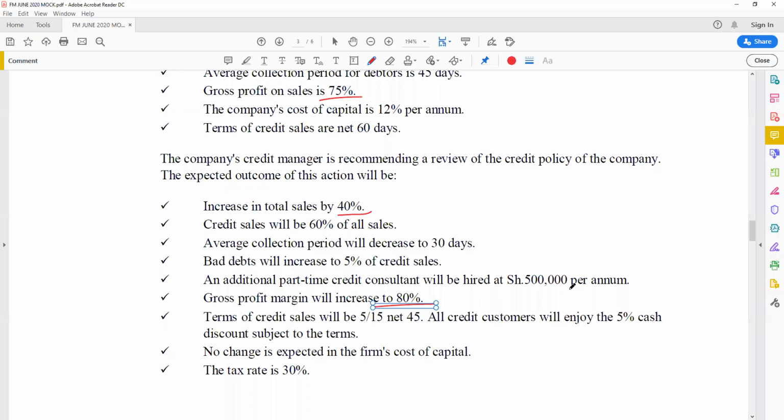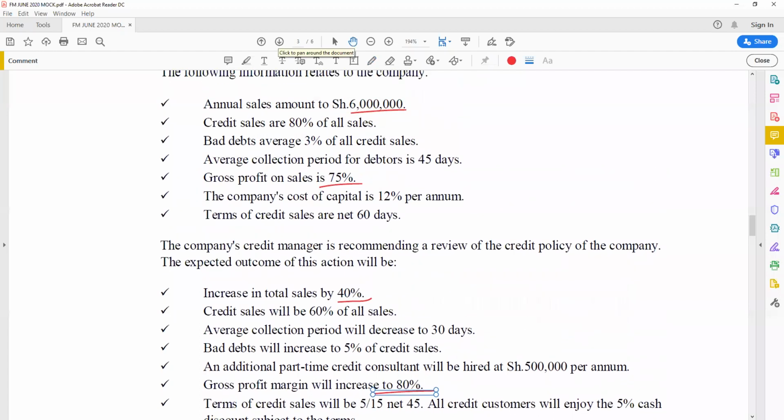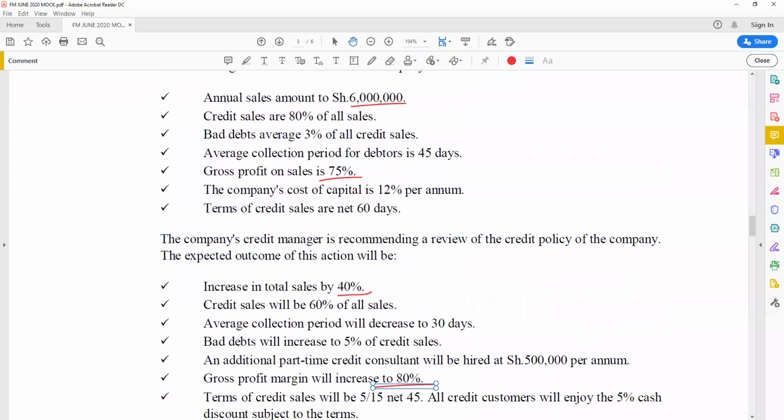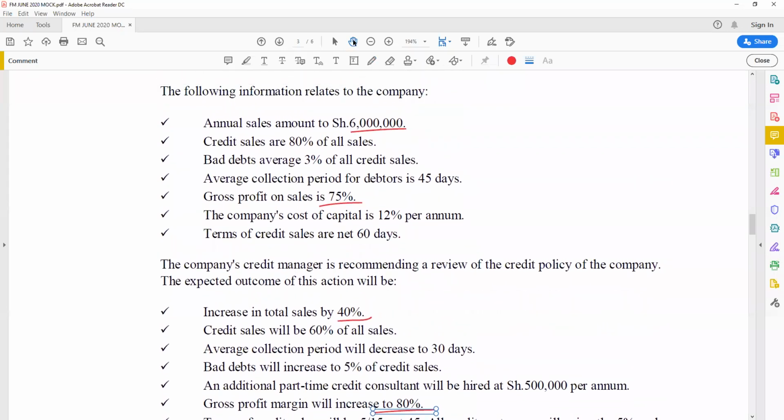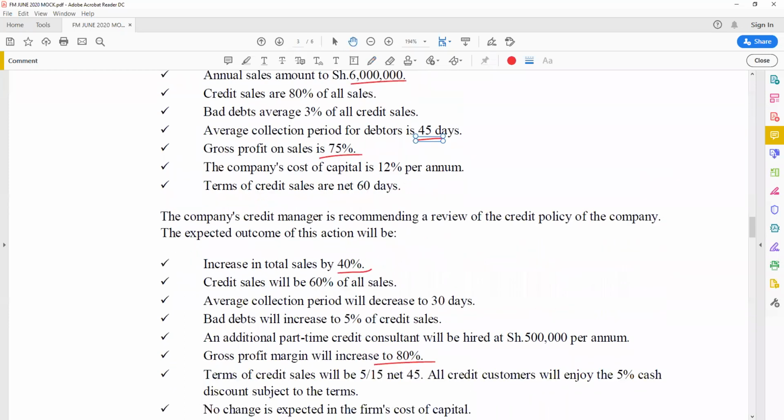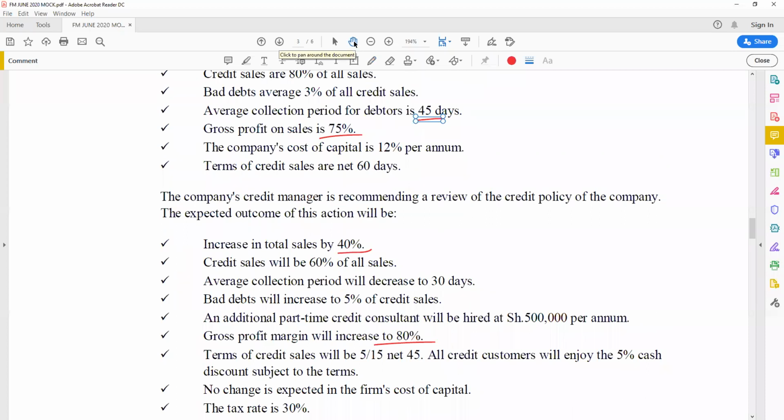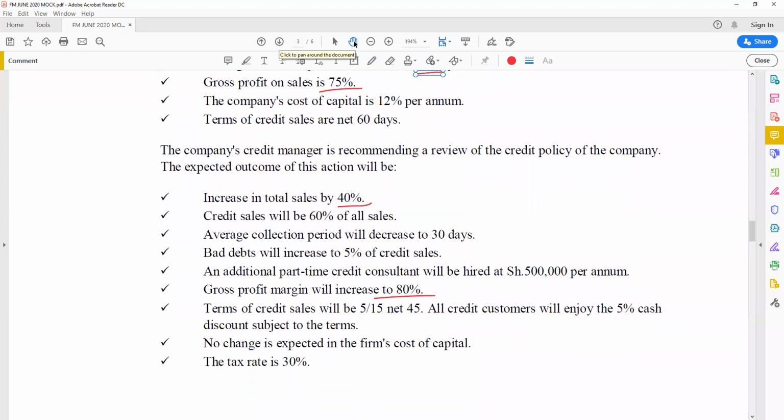We are told that this is going to be achieved. Currently the customers of the company take 45 days before they pay the company. On average they take 45 days. If the company implements the proposal, there are going to be two classes of customers.